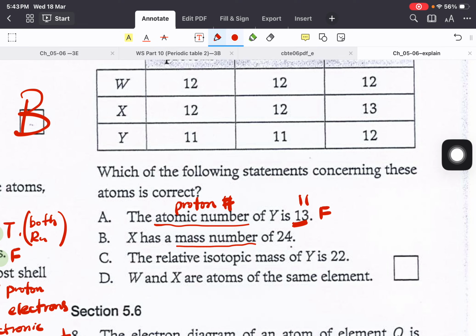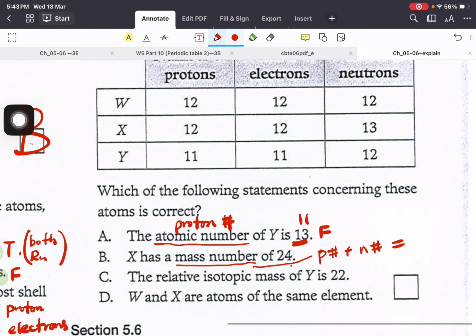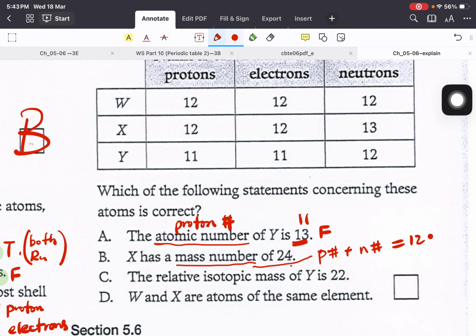Mass number equals number of protons plus number of neutrons. Look, X's protons is 12, neutrons 13. So it's 12 plus 13 equals 25, which means B is wrong as well.